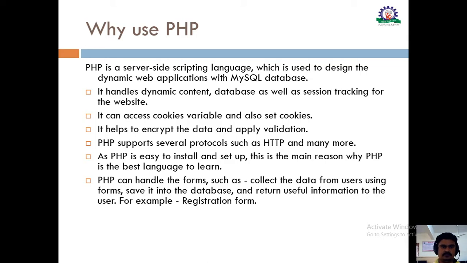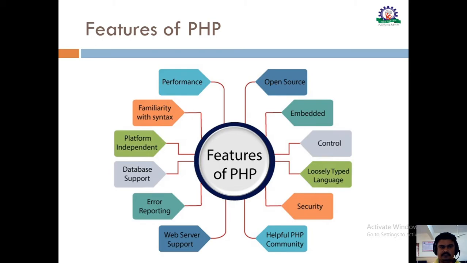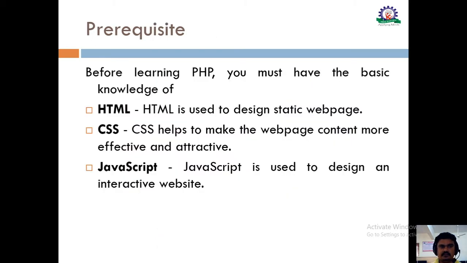We also studied the features of PHP and the prerequisites, that is, the knowledge we should have before learning PHP. We saw that we need knowledge of HTML, CSS as well as JavaScript. This was studied during your workshop lab, I hope you remember.